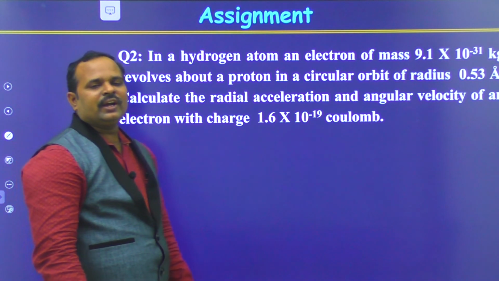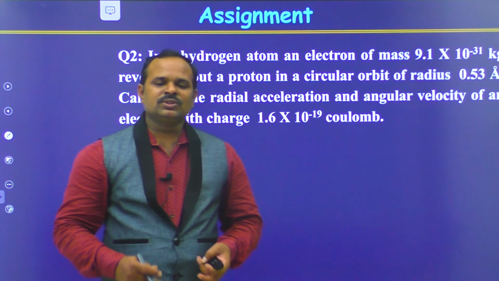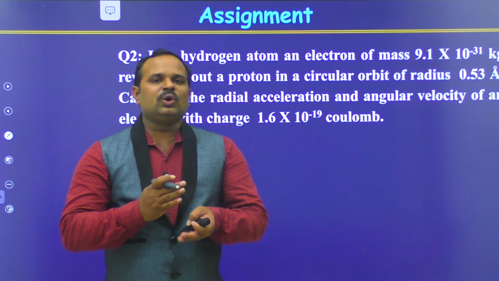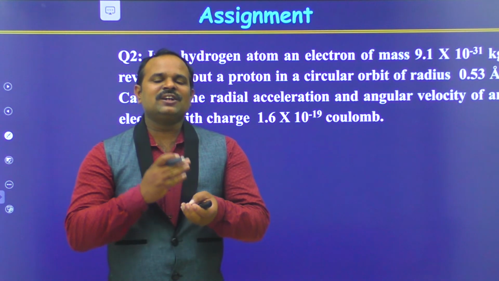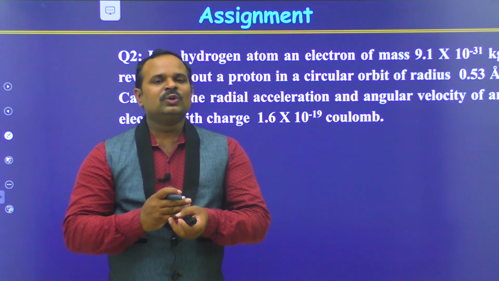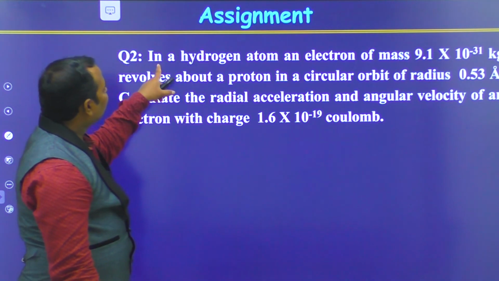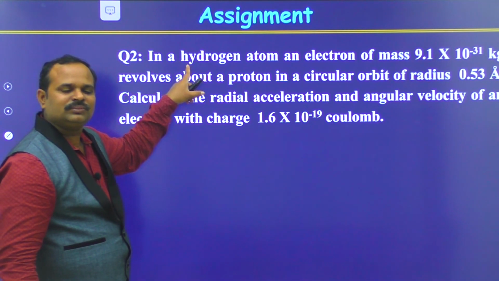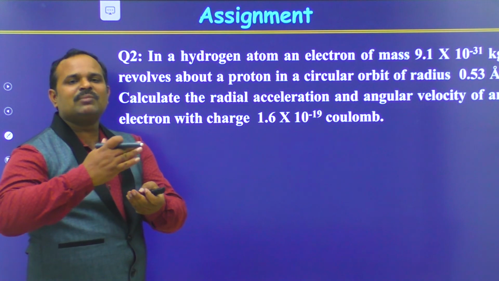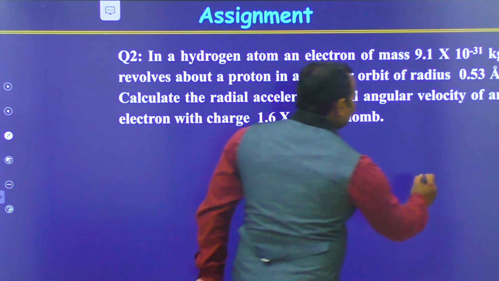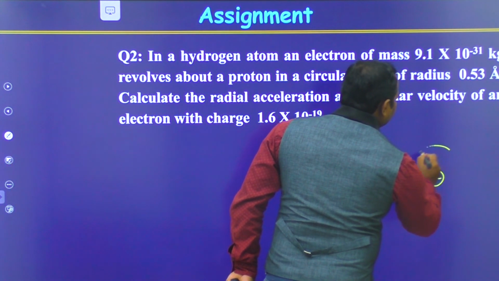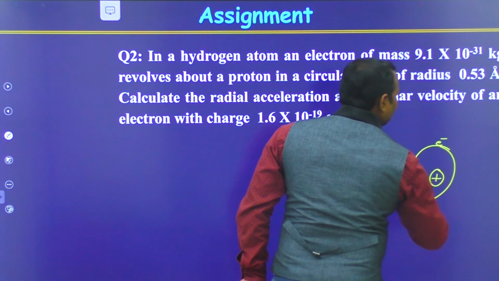So whenever you are doing any of this kind of problems, you not only need to know the Coulombic force of attraction or repulsion, but you should also know the problem in depth. That means here they have given you the hydrogen atom. That means you should know how the hydrogen atom works. So in the hydrogen atom, we have a nucleus, and then around the nucleus an electron is revolving.